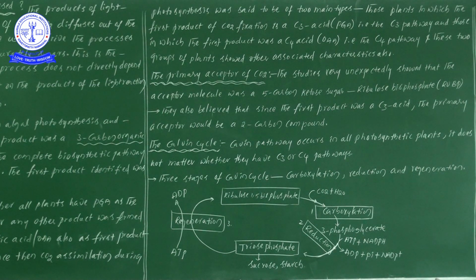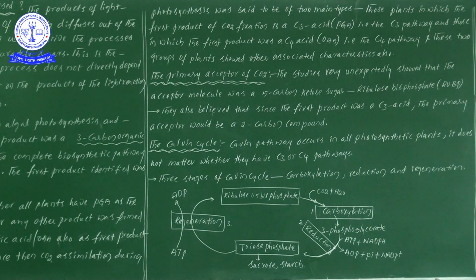But then they had a doubt. In the Calvin cycle, the first product is 3-phosphoglyceric acid, a C3 acid with only 3 carbons. But here the first carbon dioxide acceptor has 5 carbons.